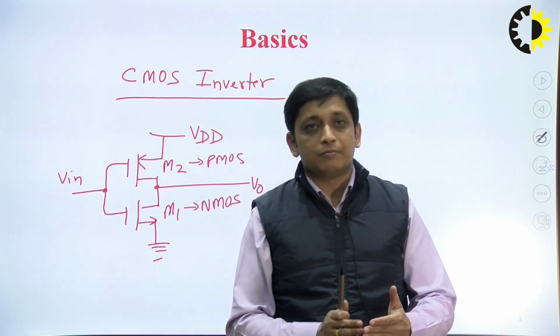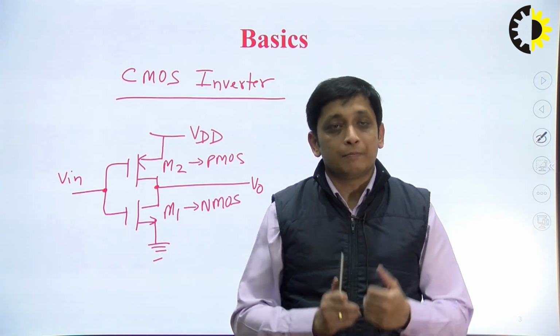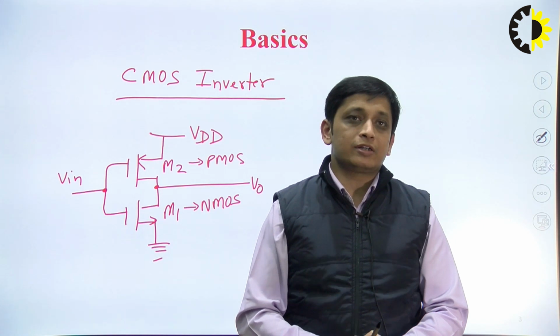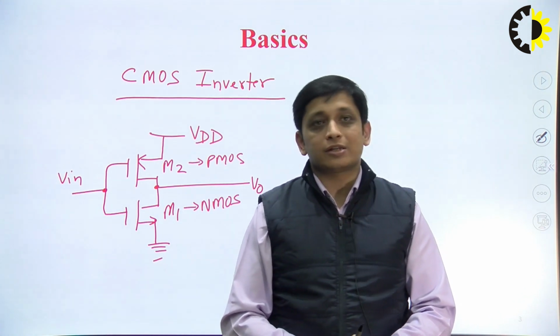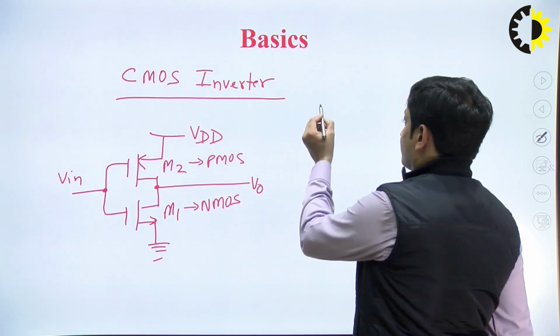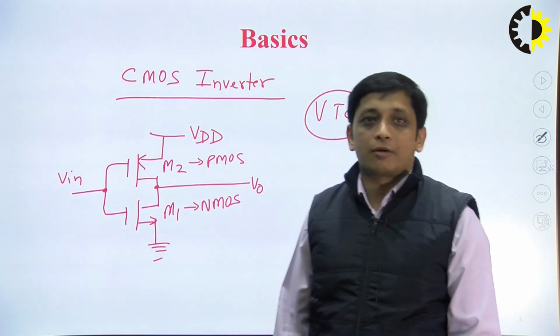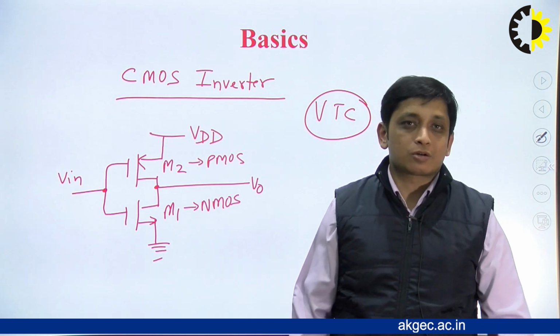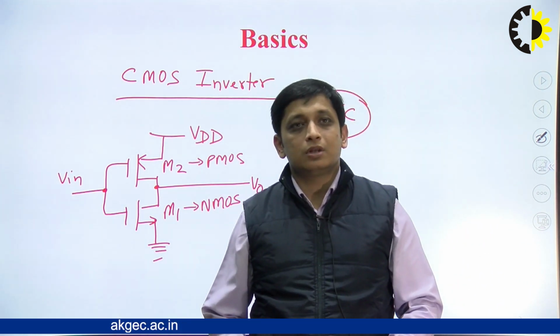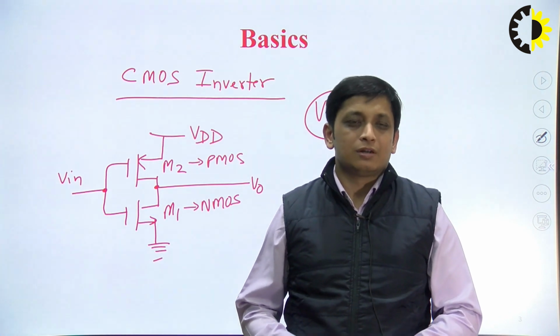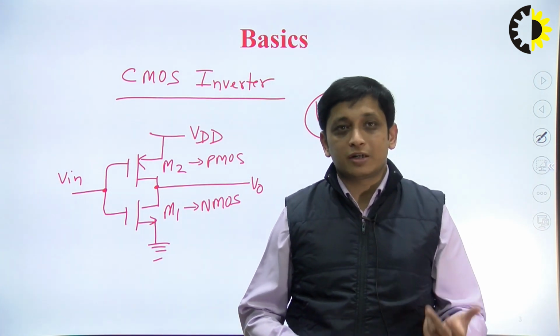That is one of the most important advantages of the CMOS inverter. Another advantage is the voltage transfer characteristics, in short VTC. It is sharp and close to the ideal inverter VTC. Also, the noise margin of the CMOS inverter is high.